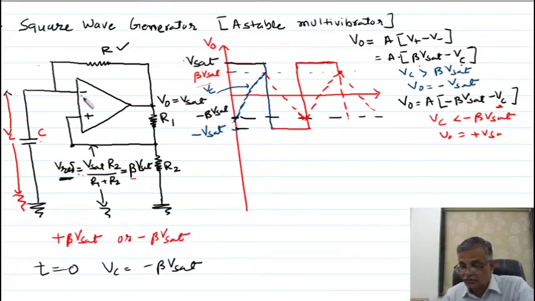Second, the voltage at the negative terminal is given through the feedback resistor R, after integrating the signal with the help of a low pass circuit consisting of resistor R and C. The principle of generating the square wave is to force the op-amp to operate in the saturation region.